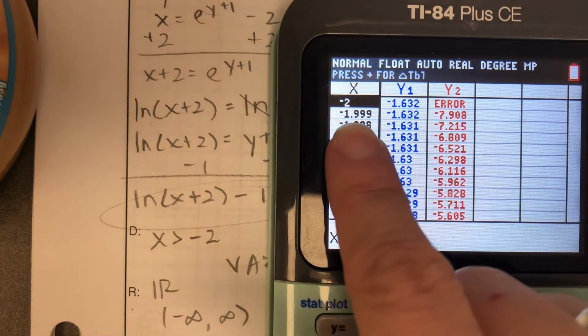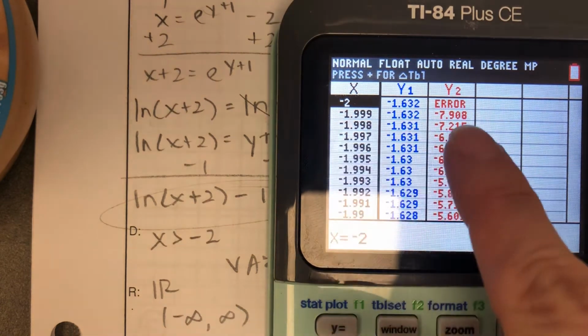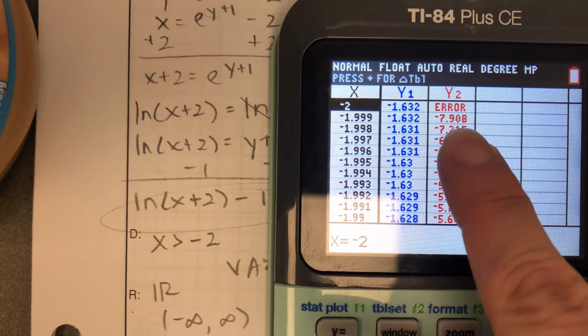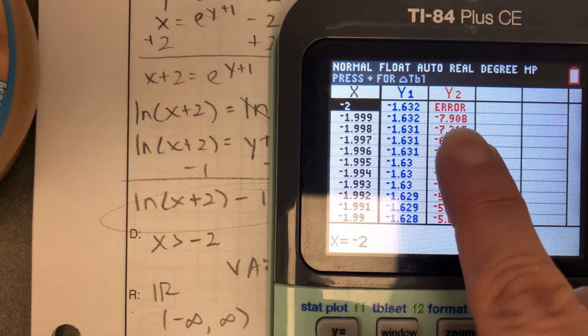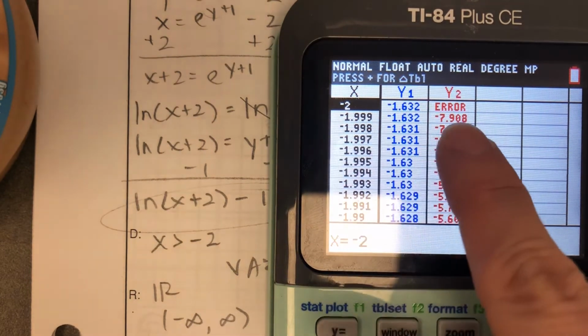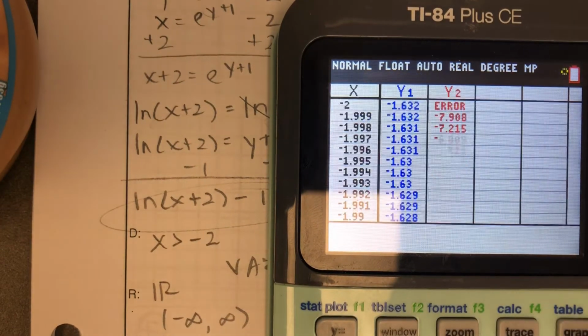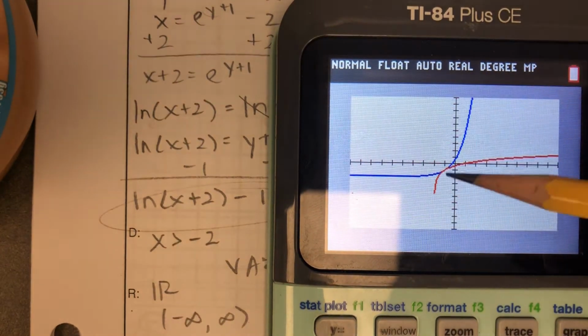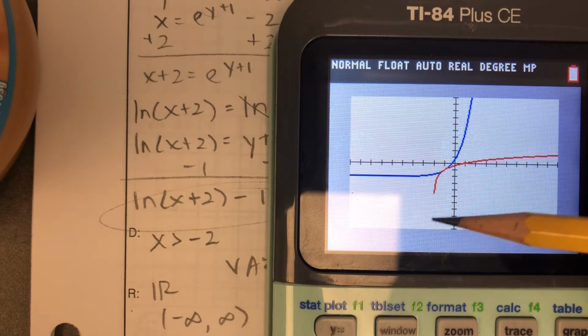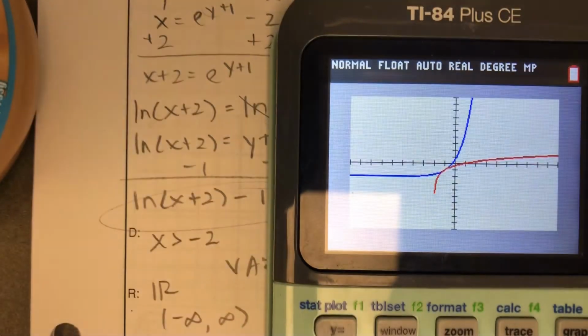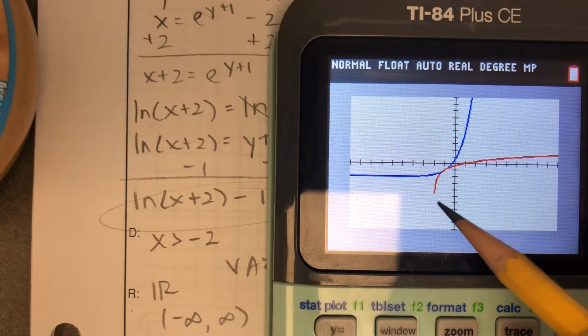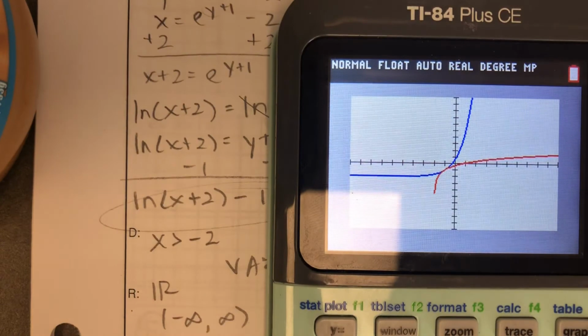When x is something really, really close to -2, but not quite -2, looking at your corresponding y, it's around -8. So when x is close to -2, y is -8. And so if you look at the graph, that would actually be a point somewhere down here. So again, it's part of the table. It's technically part of the graph. It's just your calculator having a really difficult time graphing something that almost goes perfectly vertical.